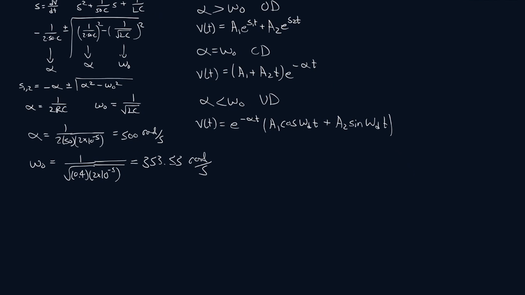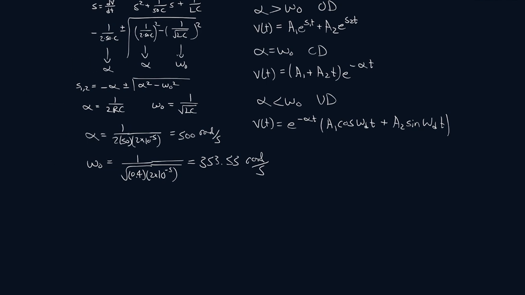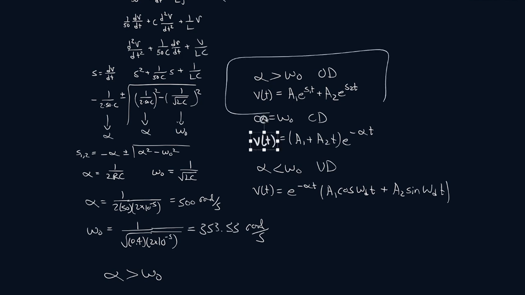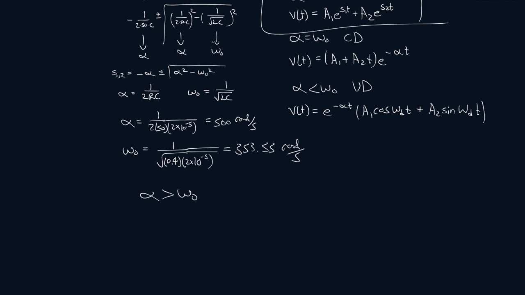Okay, so now start putting stuff in. Now we see that alpha is greater than omega, so that means we're going to be using this formula. So we have to find S1 and S2. So S1, S2, we have minus 500 plus or minus the square root of 500 squared minus 353.55 squared.